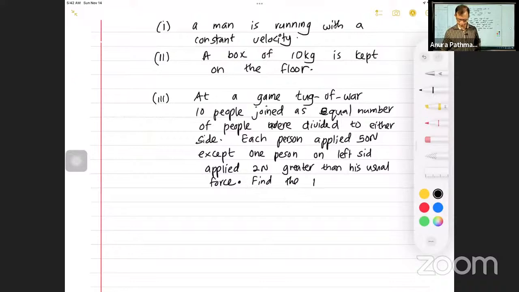Find the resultant, R-E-S-U-L-T-A-N-T, resultant force.